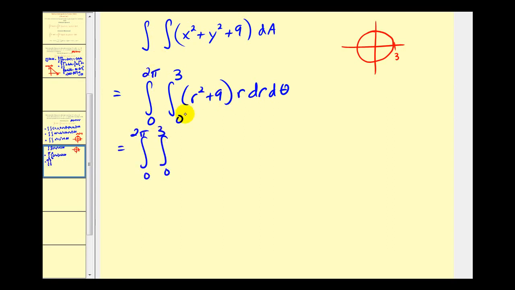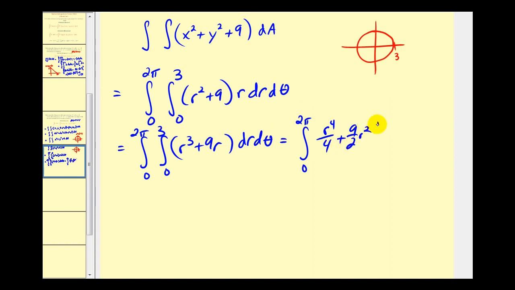So we're going to have r cubed plus 9r. Integrating, we get r to the fourth over 4 plus 9 halves r squared.